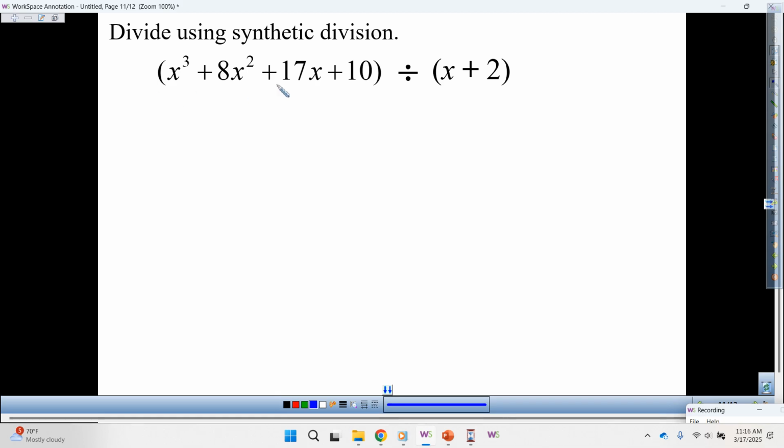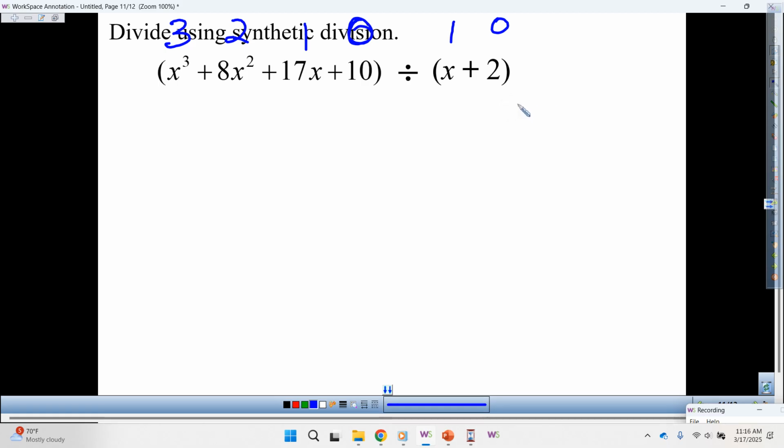So remind your neighbor of the first thing we check. What do we check first? Standard form. 3, 2, 1, 0 degree. Is it in standard form?